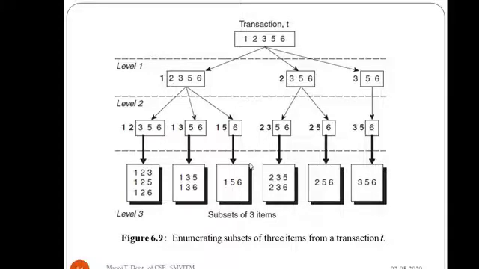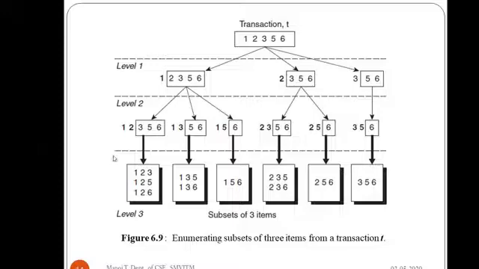In this way we can enumerate the candidate item sets for a particular transaction, and match them with the generated candidate item sets for the support count. If it is matching, only then do you increment the support count.